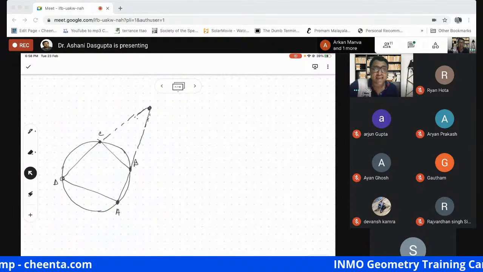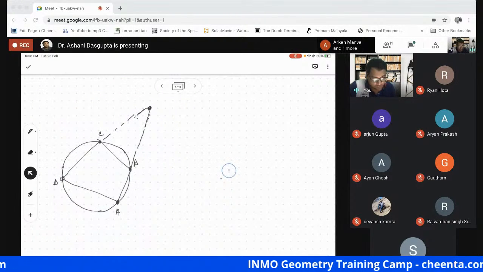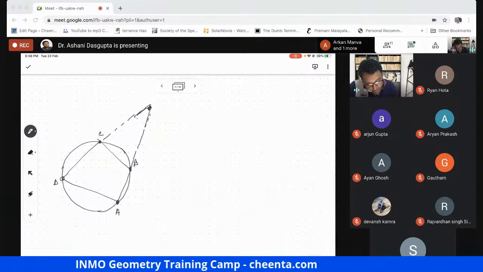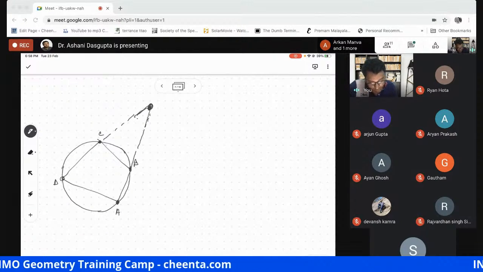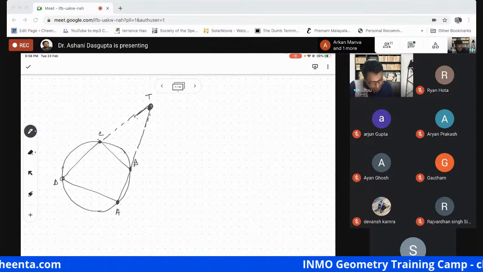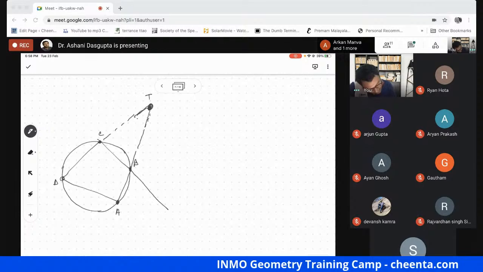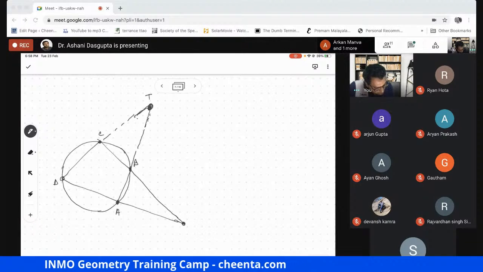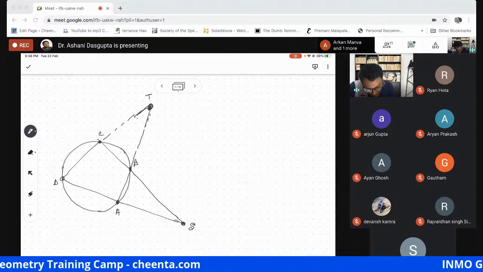We are going to extend the other two as well, sort of moving toward the Miquel point configuration, if you know what that is. If you don't, that is also fine. So this is T, this is S.